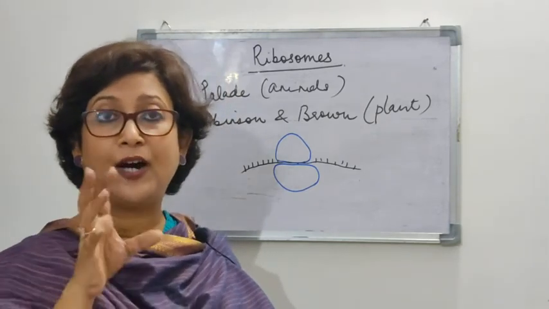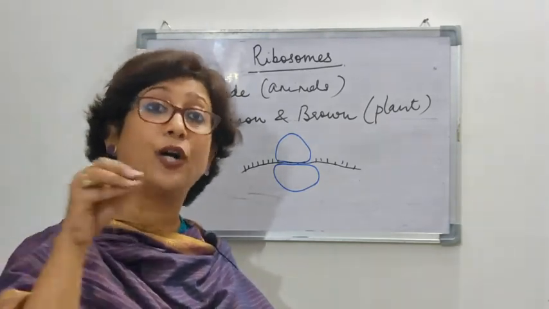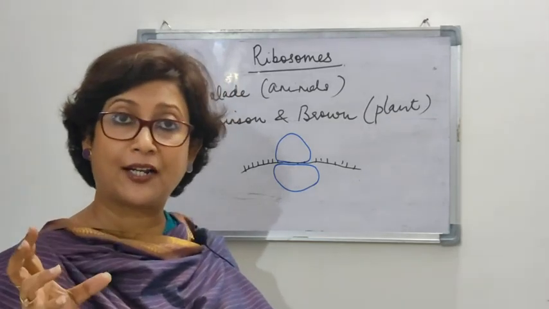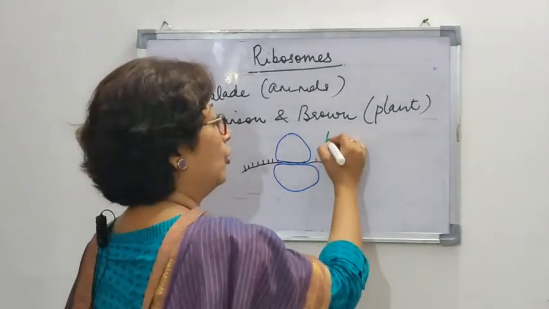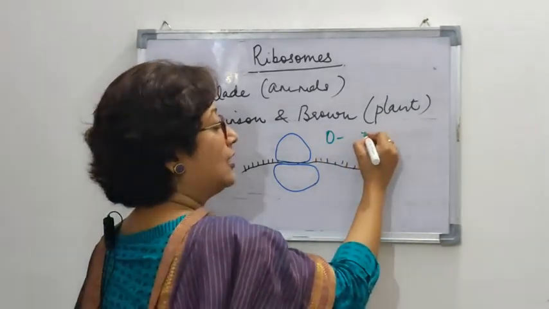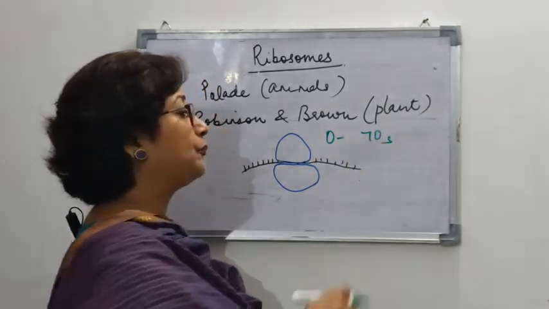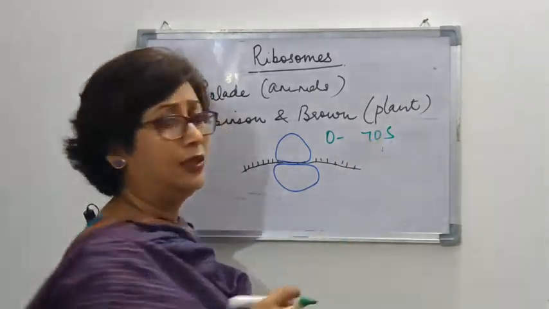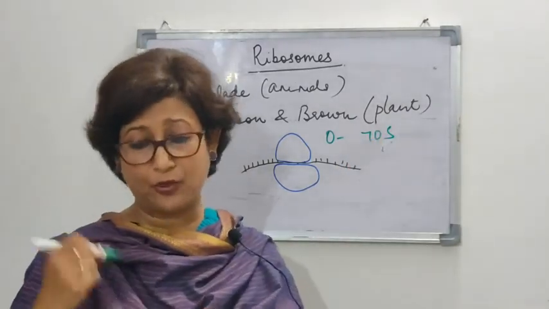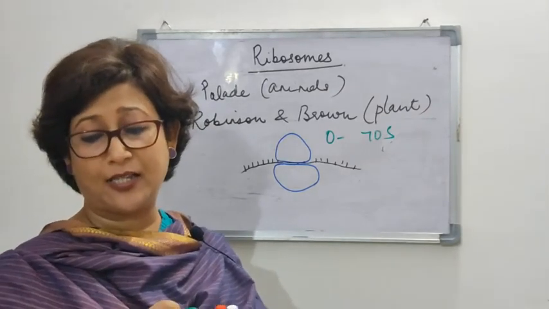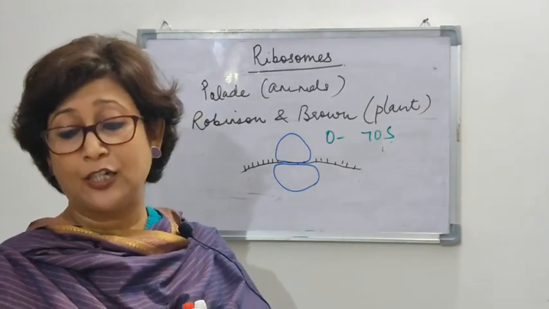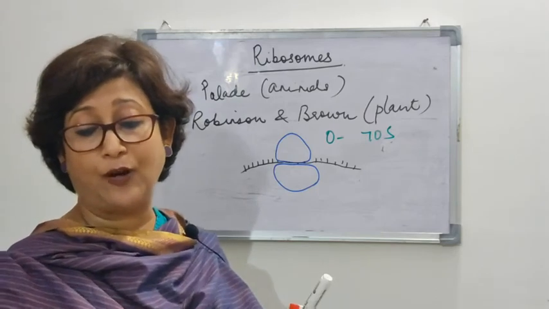So this kind of RNA which is found in a particular organelle is known as organelle RNA, and they are 70S type of ribosomes. As discussed, Svedberg is the unit, and that is why it is 70S type. So that is the ribosome found in the organelle.